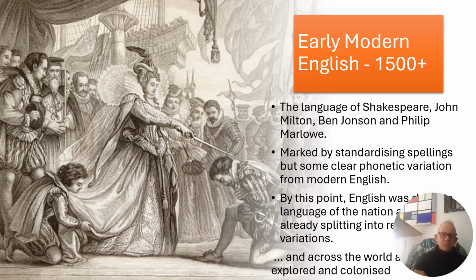Now we're talking the language of Shakespeare, of Milton, Ben Jonson, Philip Marlowe, all the great playwrights, and we're beginning to get standardized spellings. And of course, it's here that Queen Elizabeth is sending people like Francis Drake, as you see in the picture, to sail the seas and colonize other countries, and as a result, spread the English language across the world quite effectively.